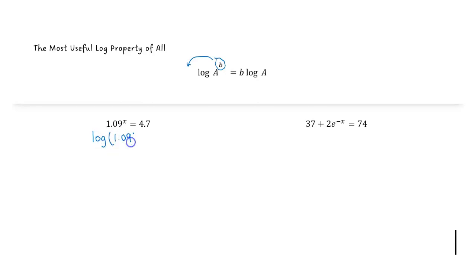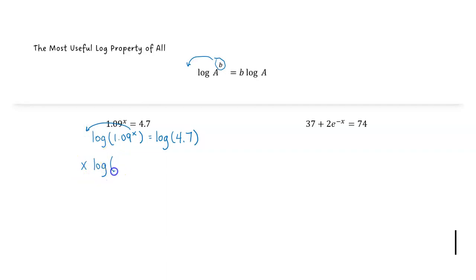I'm allowed to do this because the basic property of algebra says that if I do something to one side of the equation and I do the same thing to the other side of the equation, I still have an equation.